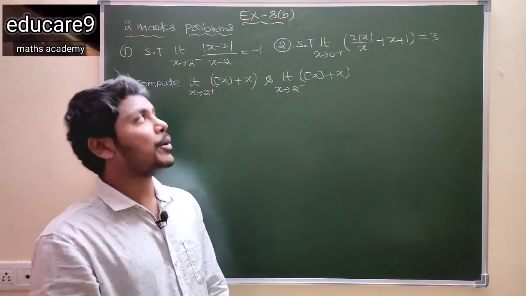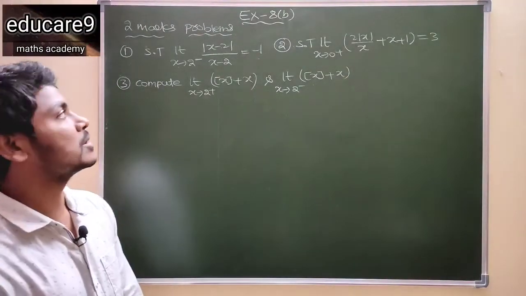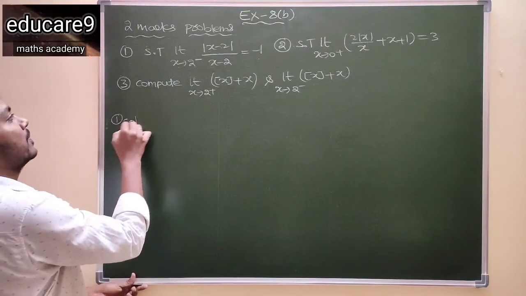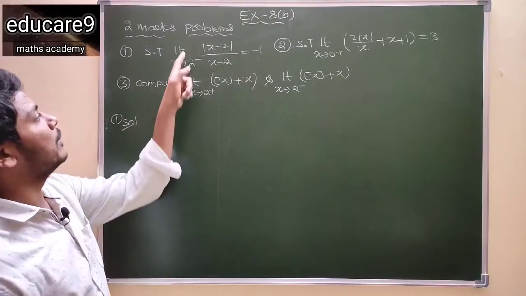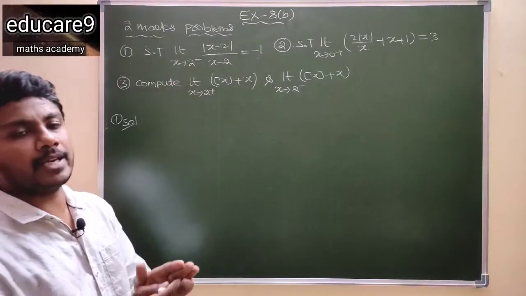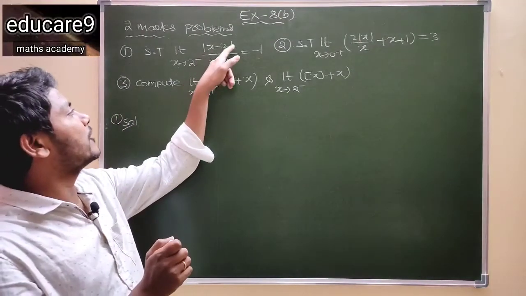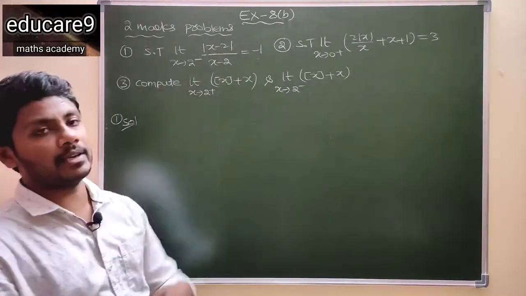Now we will discuss a few exercise 8b problems. So see here, first one. Show that limit x tends to 2 minus, which means below 2, nearer to 2, of modulus of x minus 2 by x minus 2, the value is minus 1.